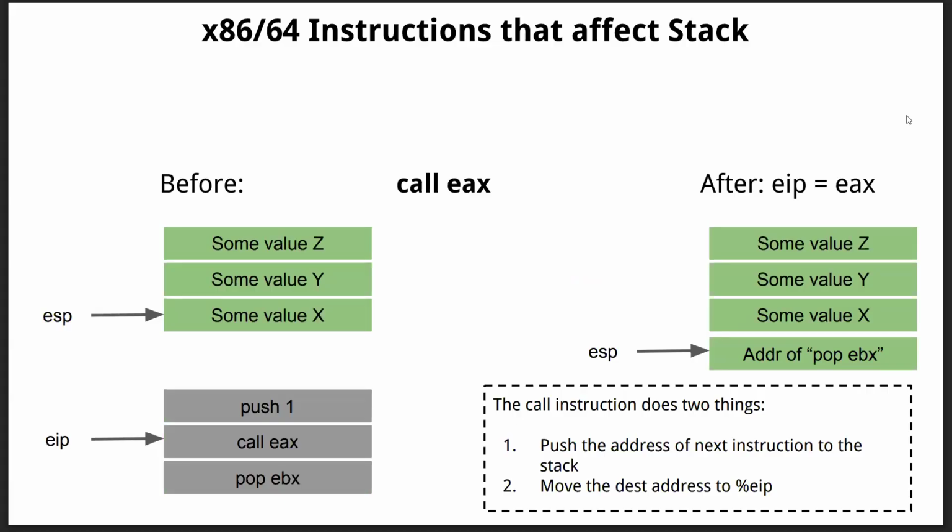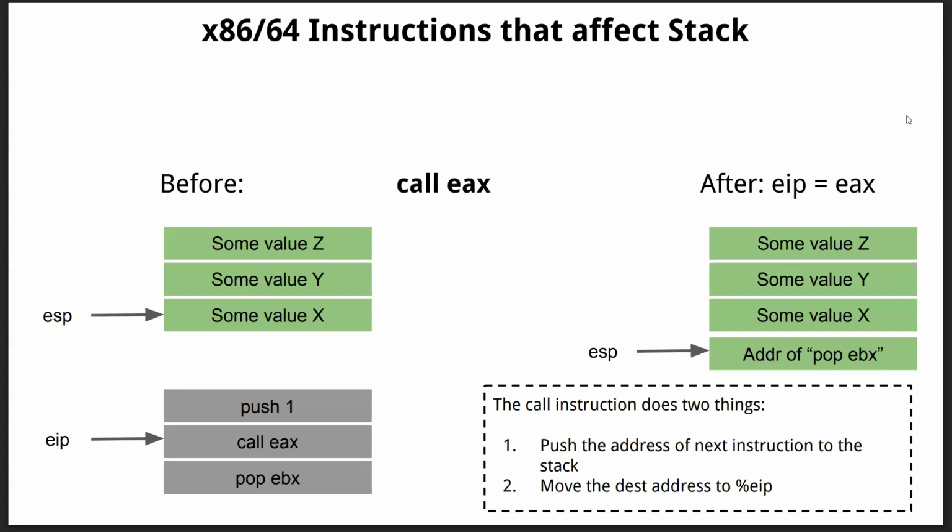The next instruction that will influence the stack is the call instruction. Here we have an indirect call example, call EAX. Indirect call here means the target is not predetermined. The compiler didn't determine the target.